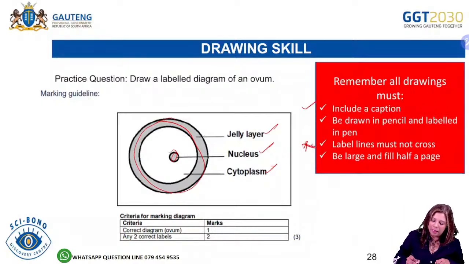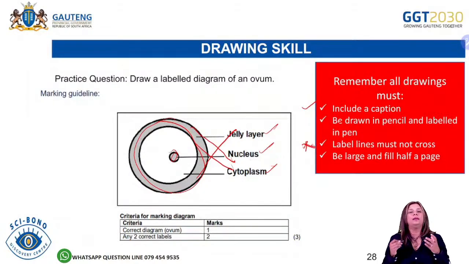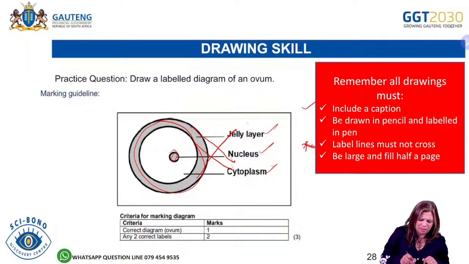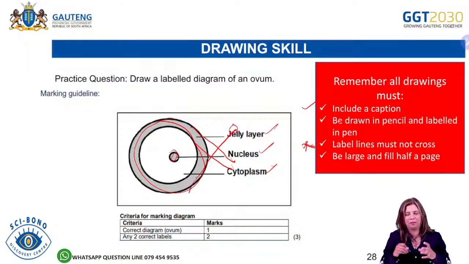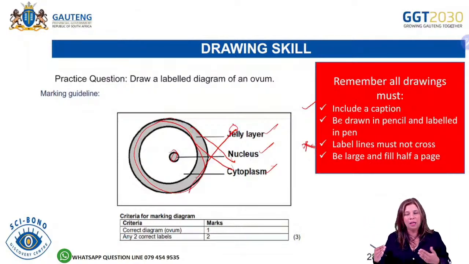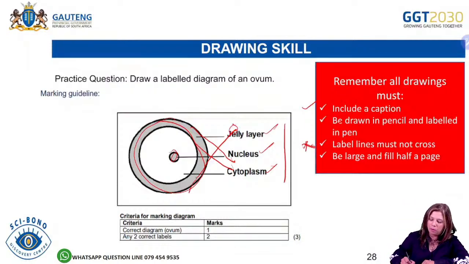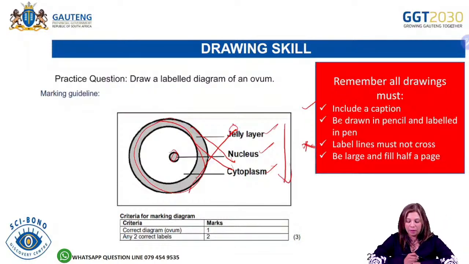If I draw a label going there and a label going there, the examiner is going to become confused because they won't know where this is. They'll say, oh, the jelly layer is pointing down here, or they're going to become confused because the lines are crossing. There's no clarity. Your lines must be straight and your labels must be one below the other. That is how you need to draw your diagrams.